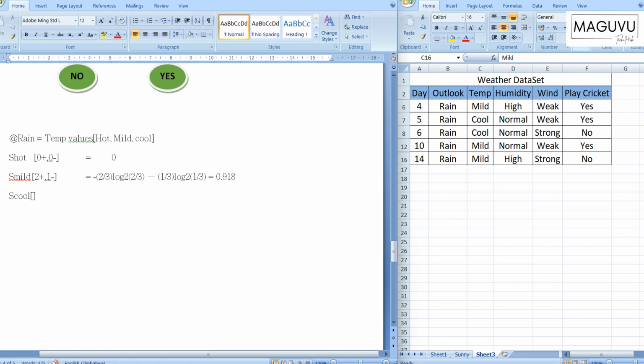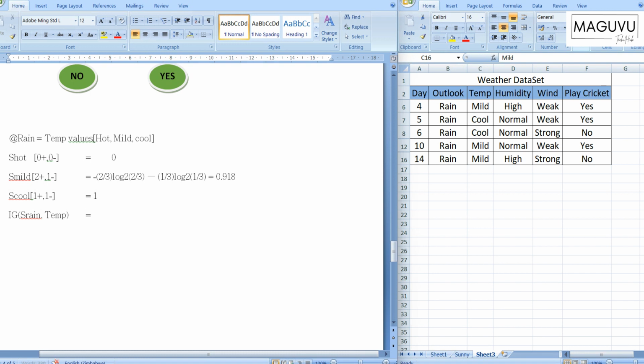On day 5 we played, and on day 6 we did not play, which is 1 yes and 1 no. Wherever we have 1 and 1, which are equal, the proportion makes the entropy 1, and we go ahead to calculate the information gain. This time it's rain, and we are dealing with temperature.